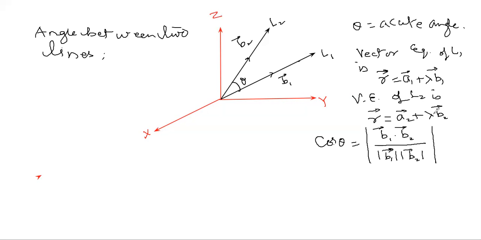Here we should not use lambda again; we have to take another variable, mu. Where lambda and mu are scalars, you know that lambda and mu are scalars.